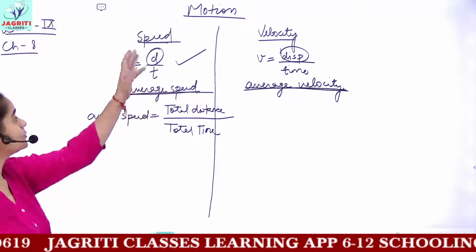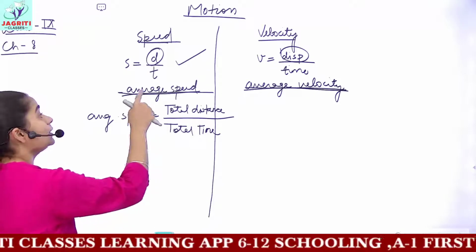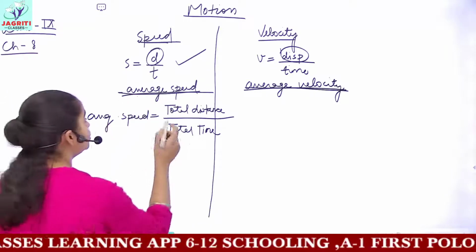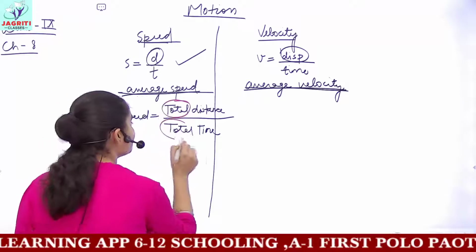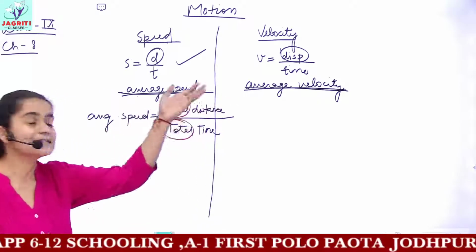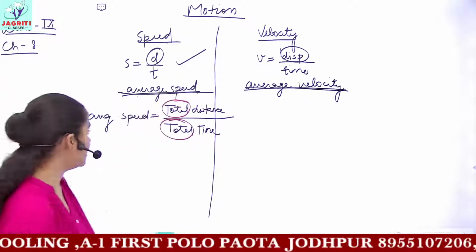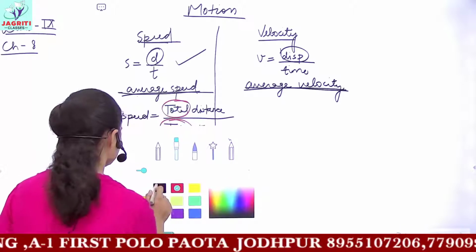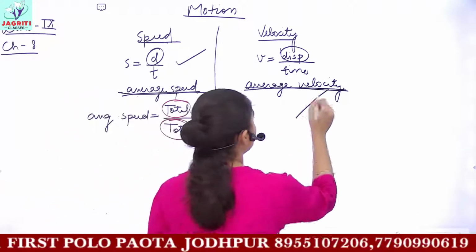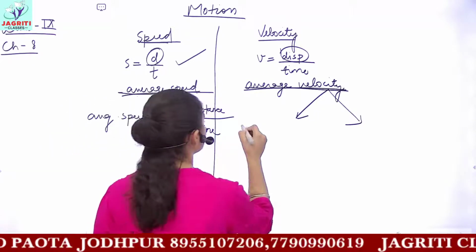For calculating speed, you write distance covered per unit time, whereas if you are required to calculate average speed, you do it by the formula by using the prefix total. So average speed is your total distance covered in total time. This gives you average speed. And average velocity, then again you have two kinds of formulas for calculating average velocity here. Average velocity is what?